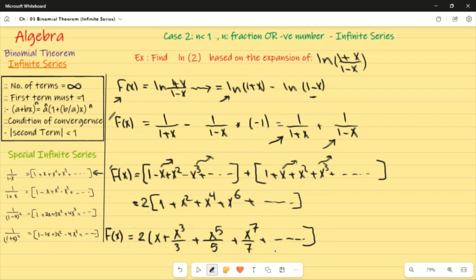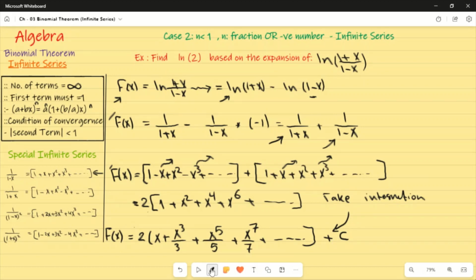So here we find the expansion of this ln. But we missed something here. By taking the integration of this function, we must add a constant of integration.